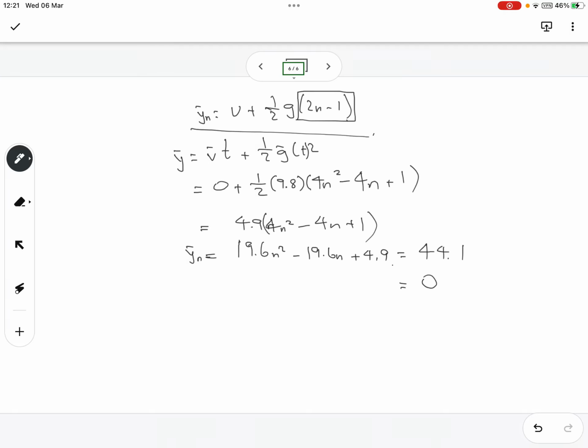And if you put that at 0, we'll have 19.6 n squared minus 19.6 n. What's 4.9 minus 44.1? Negative 39.2. Can we use quadratic?